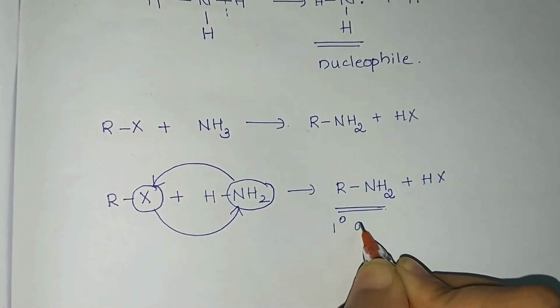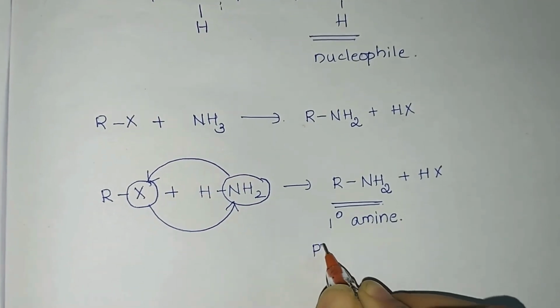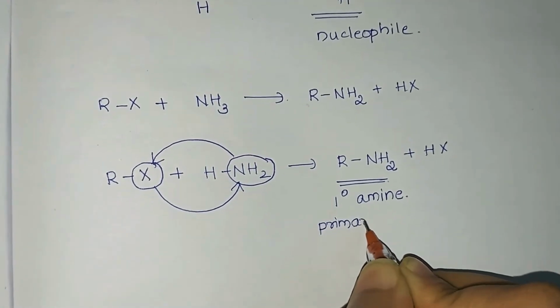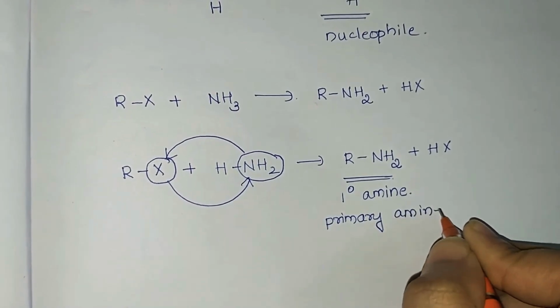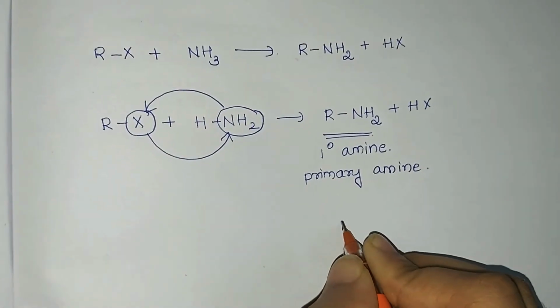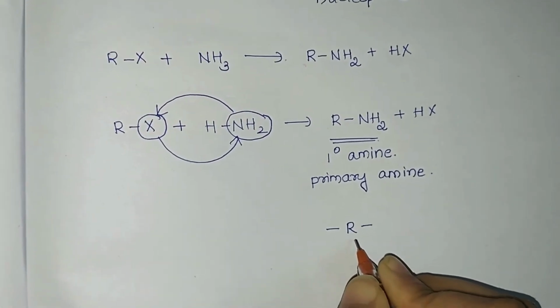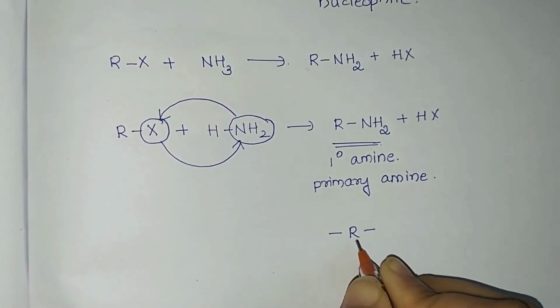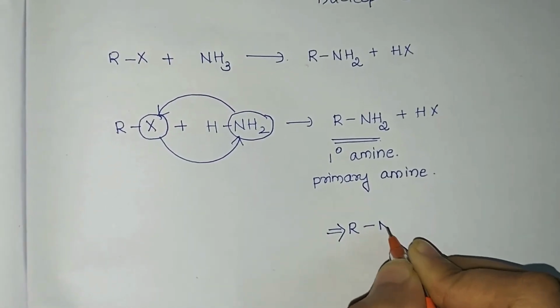So why are we calling it a primary amine? We'll consider the structure here. What does it have? It has an alkyl group, that is R. This alkyl group is bonded to which atom here? You can consider R bonded to nitrogen, and this nitrogen has 2 hydrogen atoms and a lone pair.